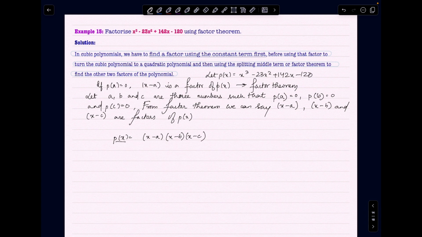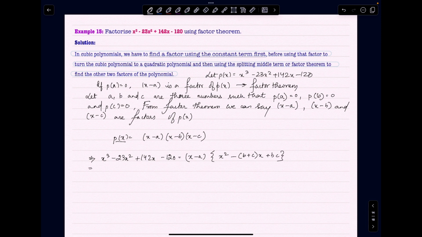What is P of x? P of x equals x cube minus 23x square plus 142x minus 120, which equals, I'm going to start multiplying this. This is x minus A into, first I will multiply x minus B into x minus C. So this will give x square, directly I am writing, minus B plus C x, plus BC. Multiple times we have done.